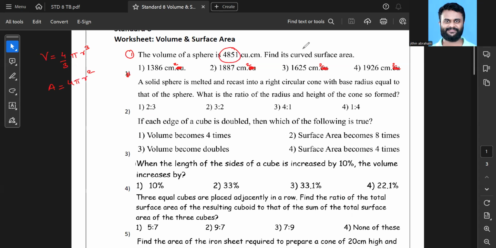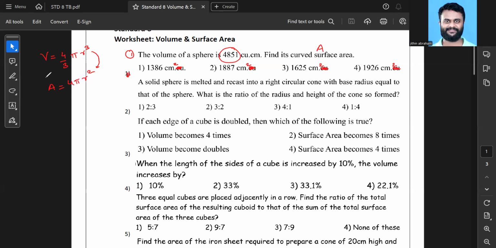They have given volume and are asking us to find the area, so we have to find a relation between V and A. I see only one option: find the radius, substitute it into the area formula. That is the only option I see here.